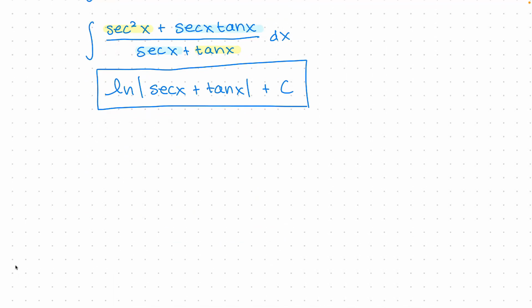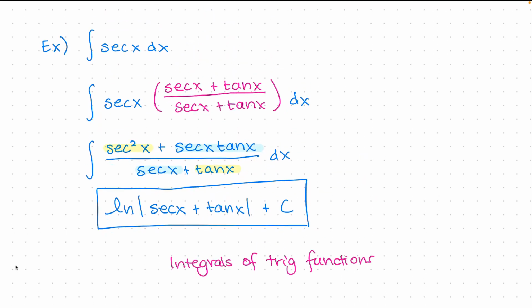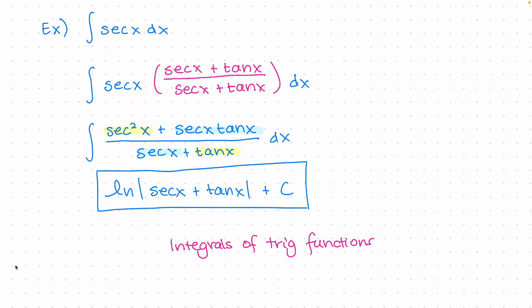So, let's put a little summary of all of our trig functions together. Integrals of trig functions. Does that one, like I said, don't worry about coming up with it on your own, but does that process at least make sense how it works now that you see it?